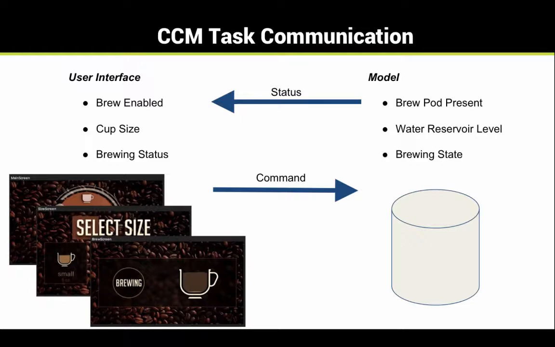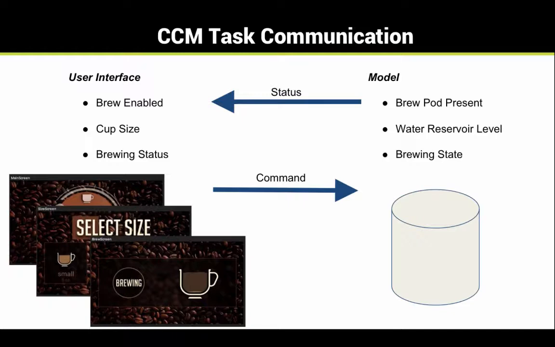The first thing we do when we start talking about how we're going to architect a system, or how we're going to build a UI around a system, is talk about task communication, right? This is one of our key tenets: we keep the model separate from the user interface, and we keep that isolation by using Storyboard I/O communication channels to exchange events and data.